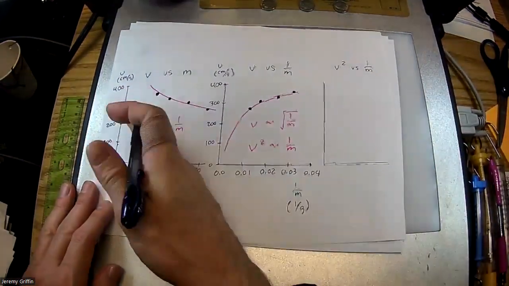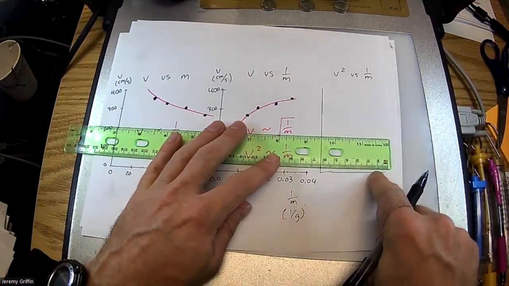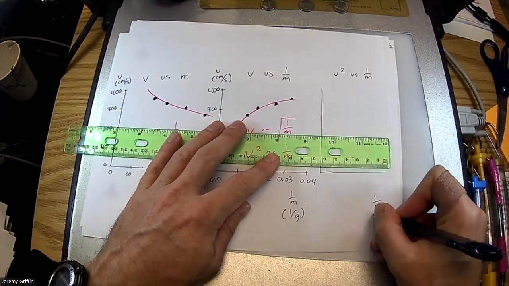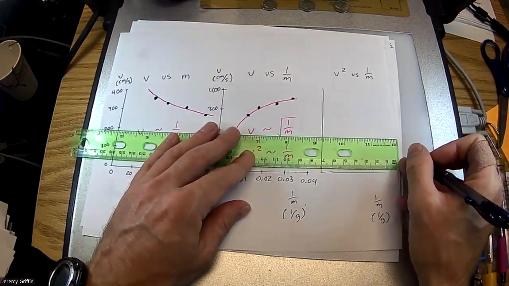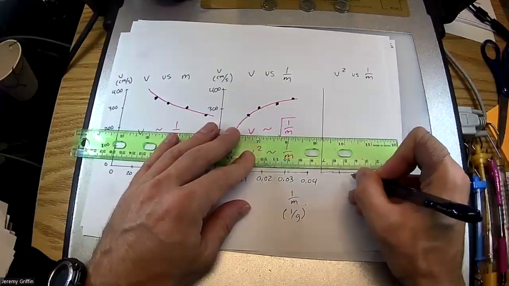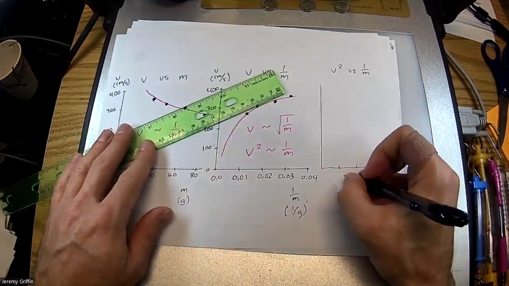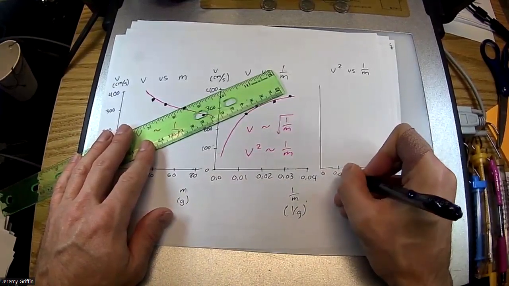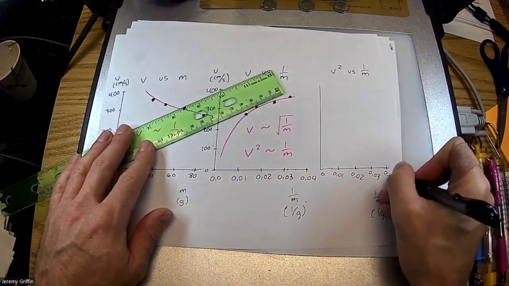All right, so now we're going to be like 2 iterations away from the original data. So this 1 over m in 1 over grams can be the same axis as before. I'm kind of running out of paper. I'll have to shorten it a little bit, but I guess it should fit in there. So 0, 0.01, 0.02, 0.03, 0.04.